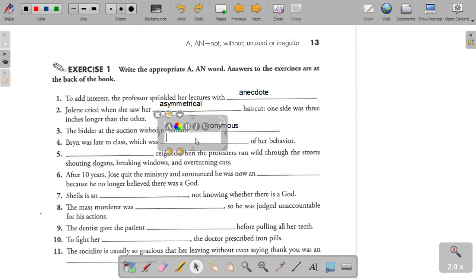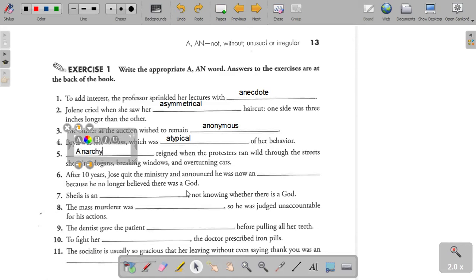But that's kind of funny that they're called anonymous because, of course, they don't want people to know who they are. So Bryn was late to class, which was blank of her behavior. So it was not the usual, or it was atypical. Good.